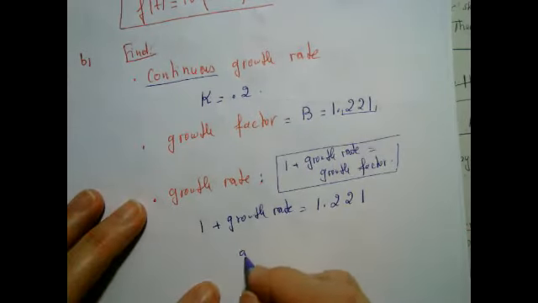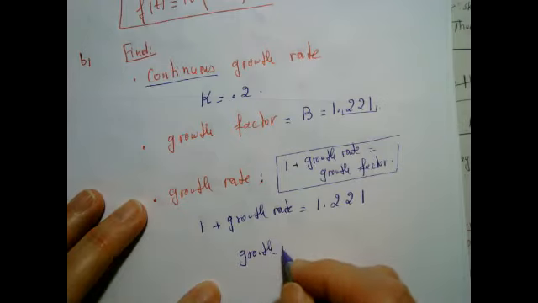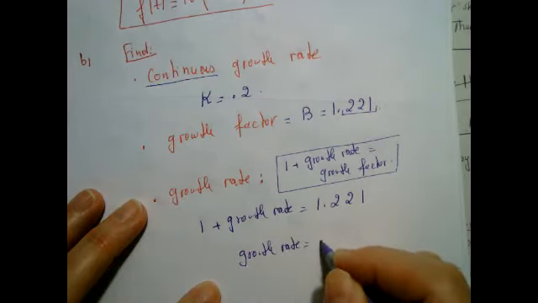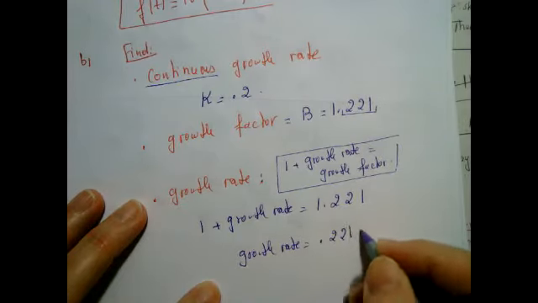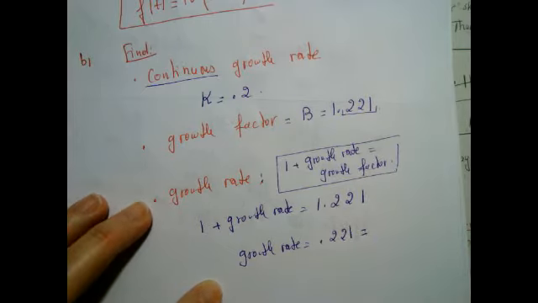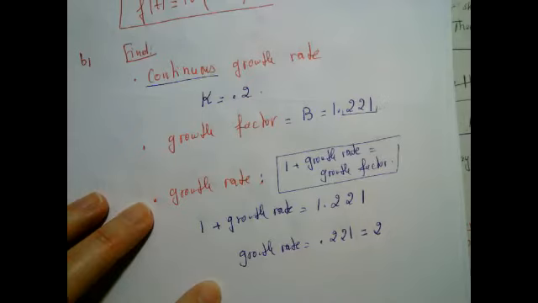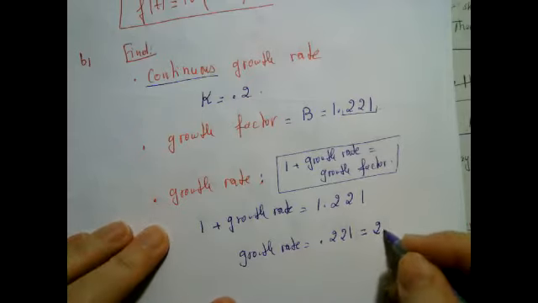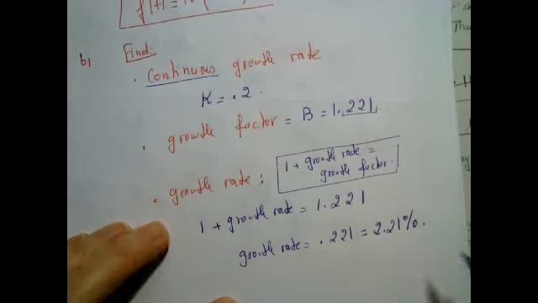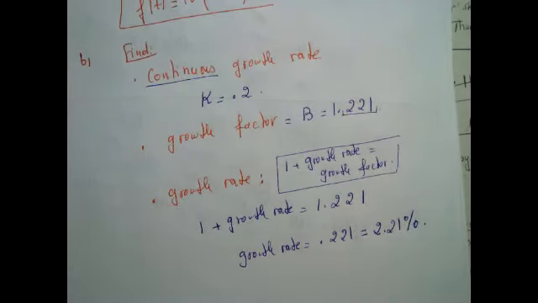It means the growth rate is 0.221, which is 22.1%.